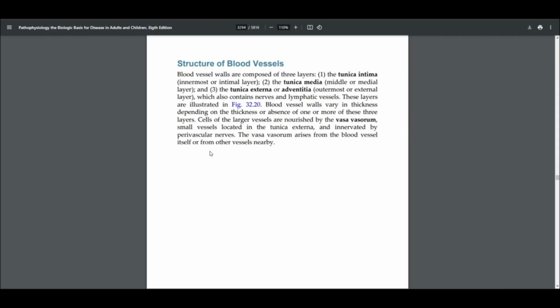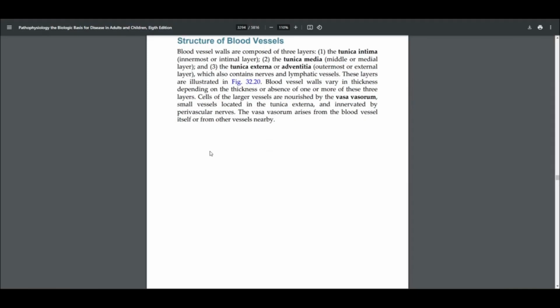Blood vessel walls vary in thickness depending on the thickness or absence of one or more of these three layers. Cells of the larger vessels are nourished by the vasa vasorum, small vessels located in the tunica externa, and innervated by perivascular nerves. The vasa vasorum arises from the blood vessel itself or from the vessels nearby.